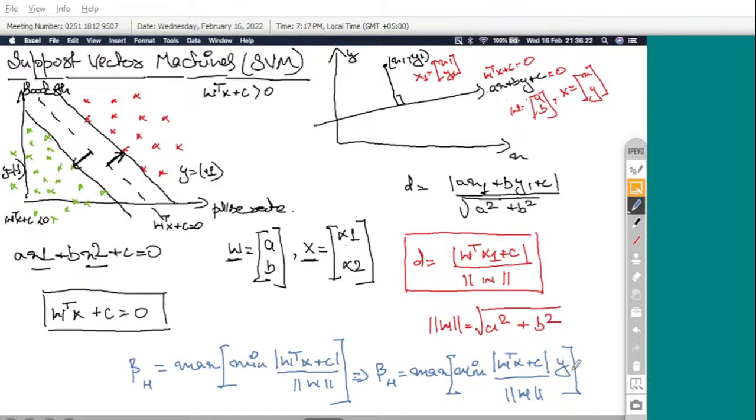But won't there be a possibility to increase one class's distance to reduce the errors of others? I'm sorry, didn't get it. So let's say this is class plus 1 and this is class minus 1. We need to maximize the distance from both the classes.